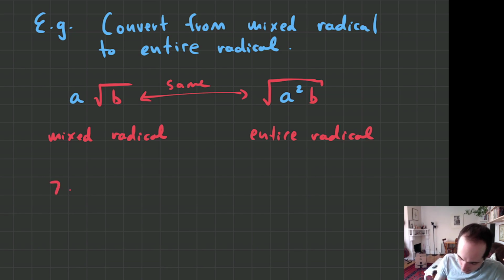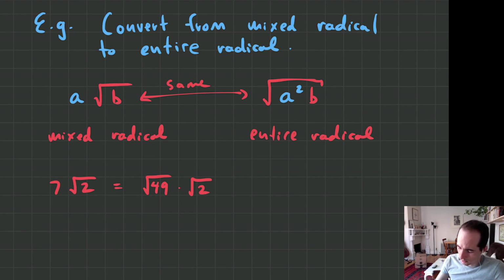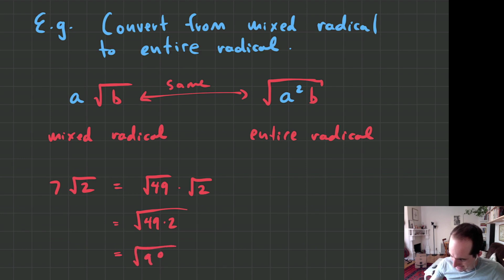So if I had 7 times the square root of 2, well, I could write 7 as the square root of 49, and I would be multiplying that by the square root of 2. So these two things mean exactly the same thing, right? 7 is equal to the square root of 49, so 7 times the square root of 2 is the same thing as the square root of 49 times the square root of 2, which is equal to the square root of 49 times 2, or in other words, the square root of 98.